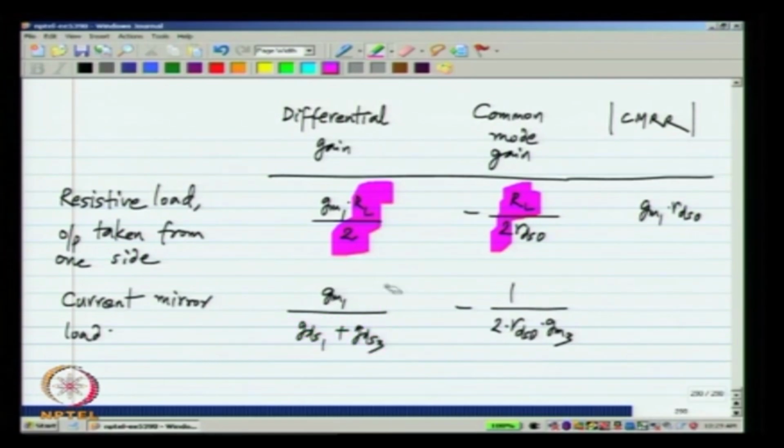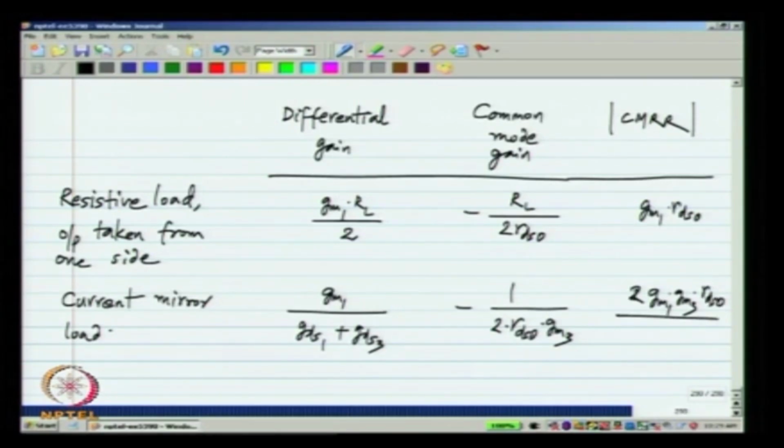The common mode load impedance is much smaller than the differential load impedance. So, that gives a further enhancement of CMRR. Okay. So, this will be two times GM1 GM3 RDS0 by GDS1 plus GDS3.